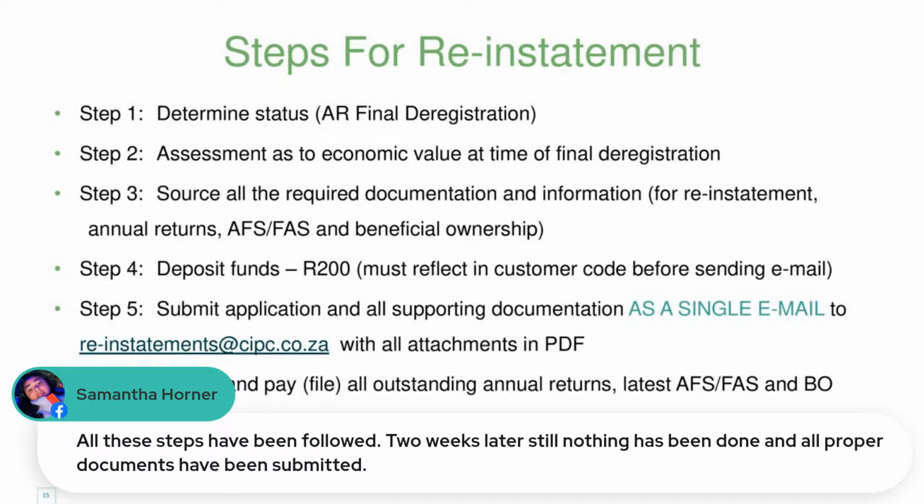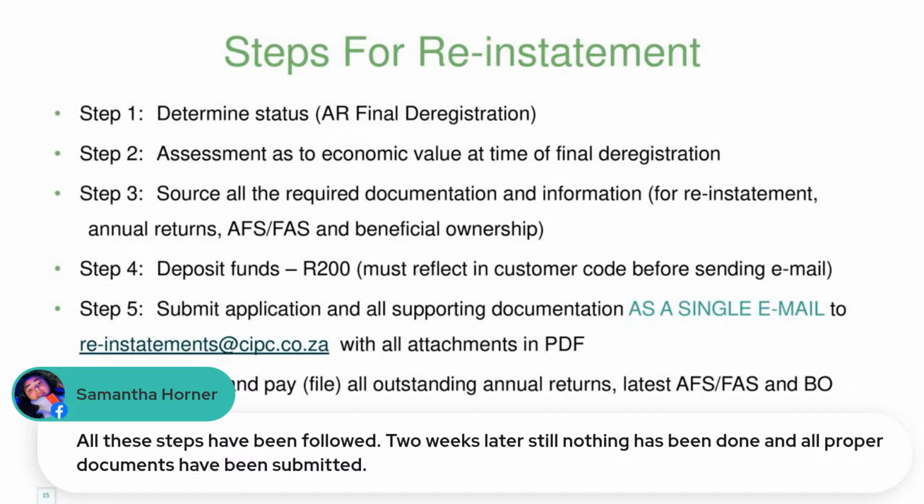Samantha's question is, all these steps have been followed. Two weeks later, still nothing has been done and all proper documents have been submitted. Brenda, is there a reason for the delay? Okay. The reason is currently we have a backlog on reinstatement applications.